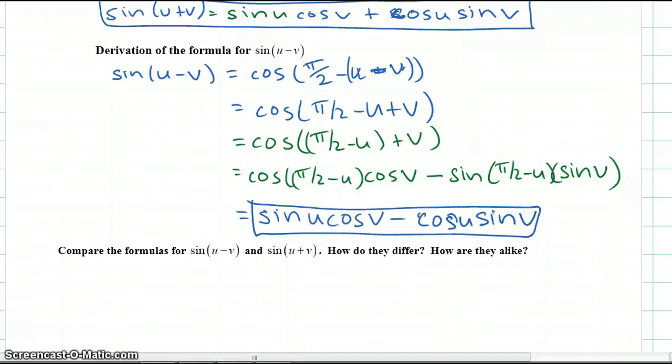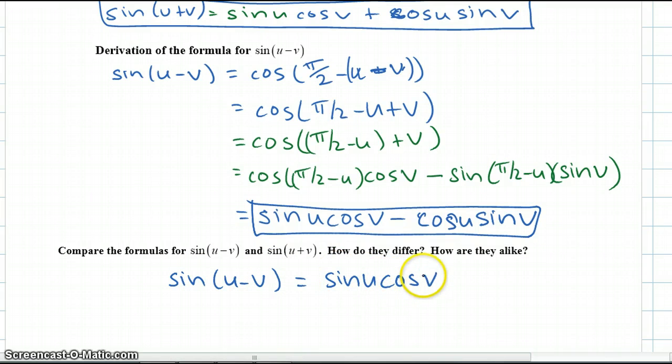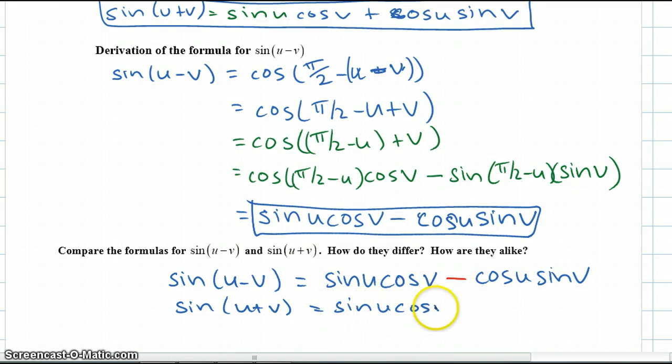The sine of u minus v is equal to sine u cos v minus the cosine of u sine of v. Similarly, the sine of u plus v is equal to the sine of u cosine of v plus the cosine of u sine of v.